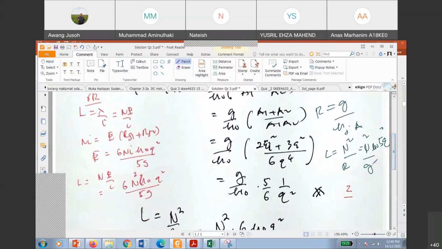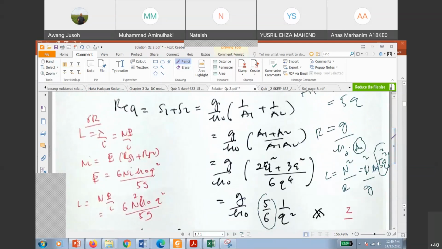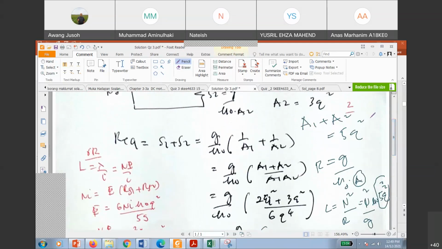It's wrong. Now you got 5 squared because you directly used A only. You should do it properly like this. So don't repeat the mistake. Don't just add A equal to A1 plus A2. It's not correct. It's wrong.